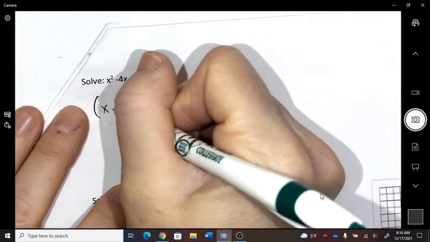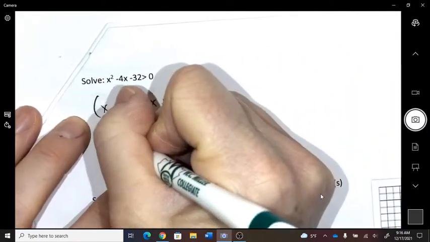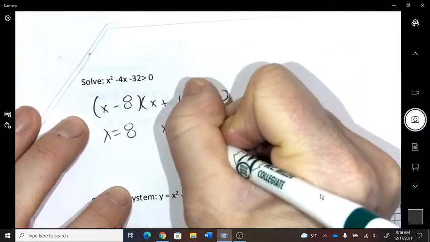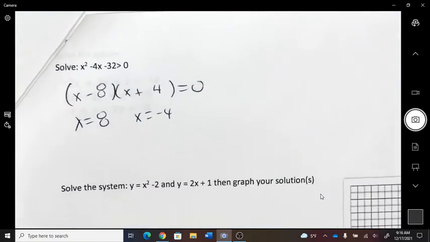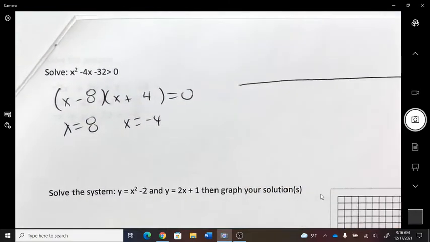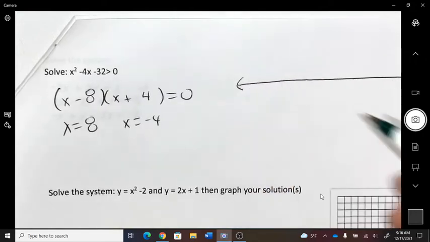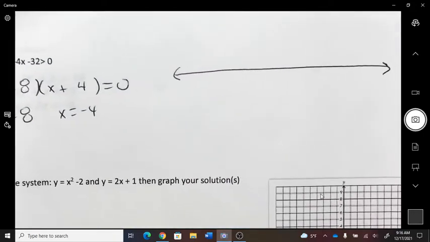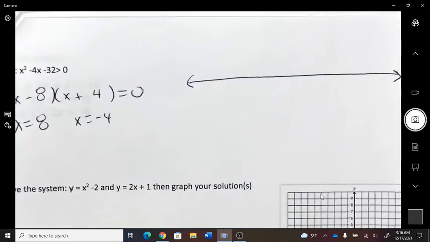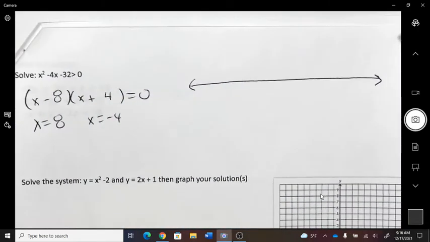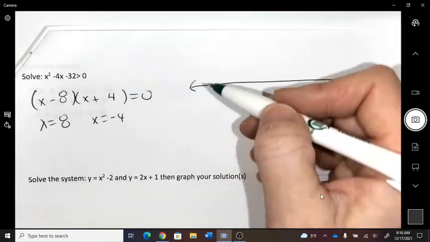Okay, minus 8 plus 4. Okay, now I'm going to make a number line here. And I'm going to put a -4 and an 8 on it.